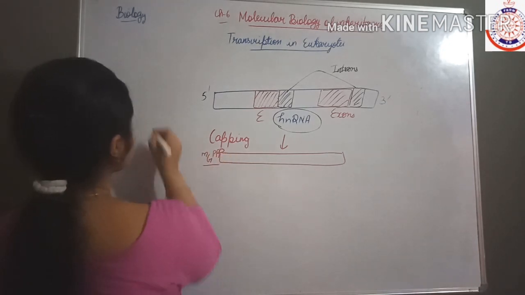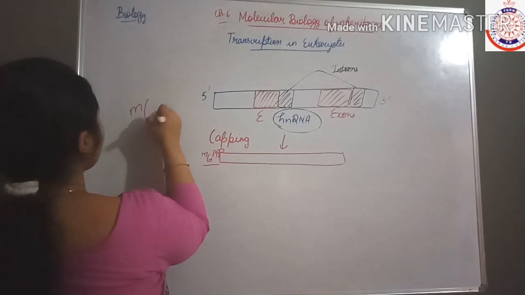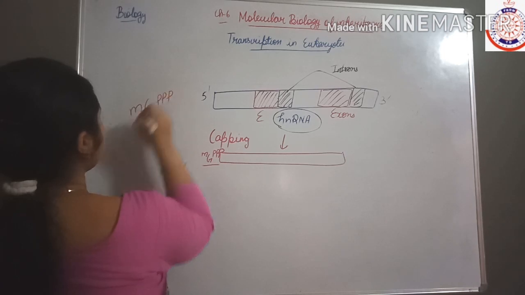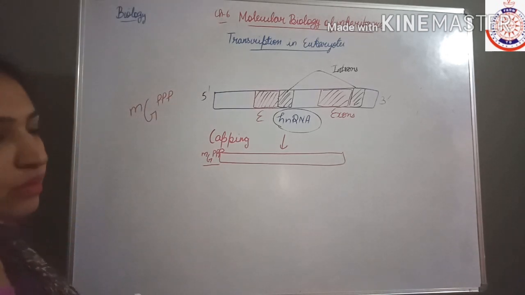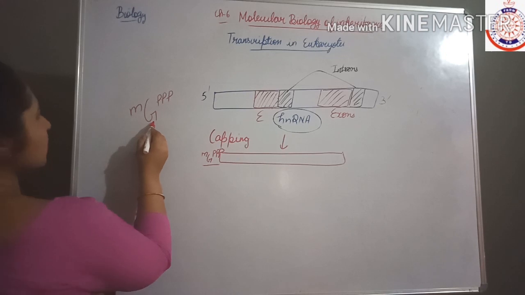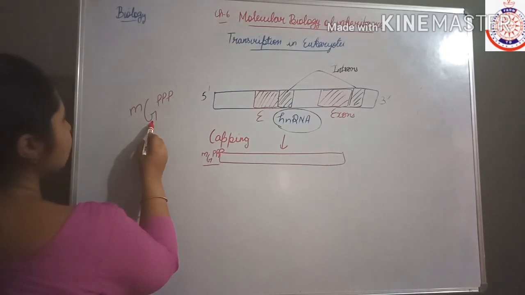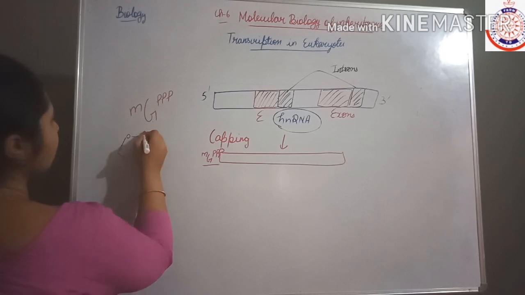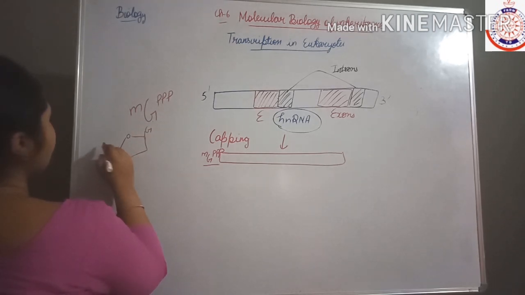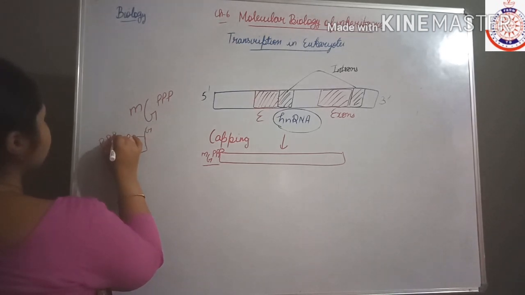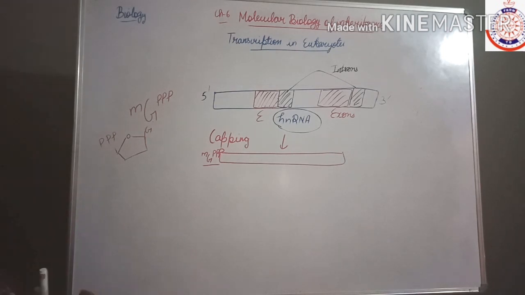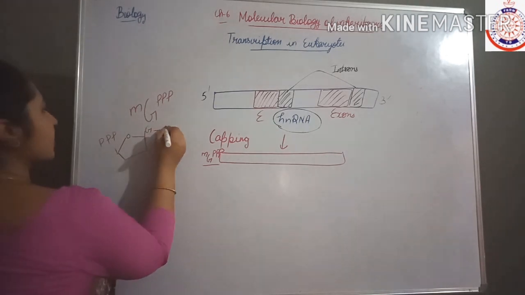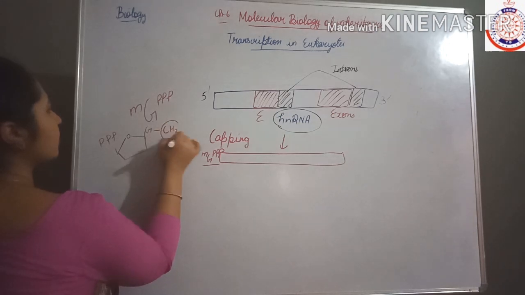It is a nucleotide having guanine as a base and three phosphate groups, and this guanine has a methyl group.